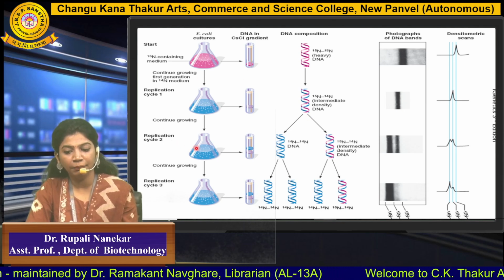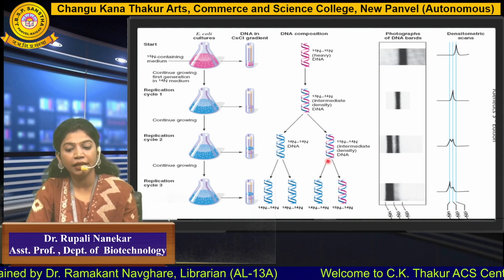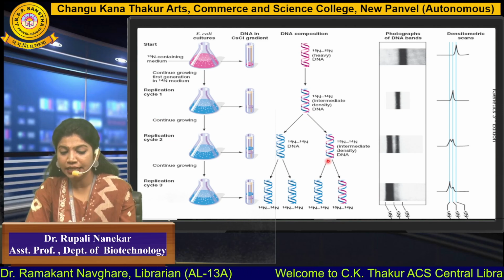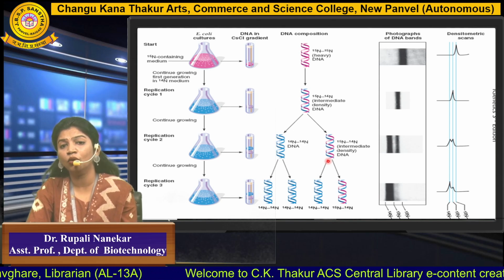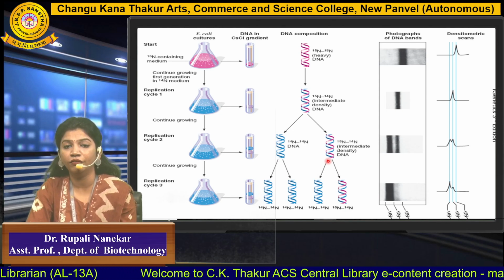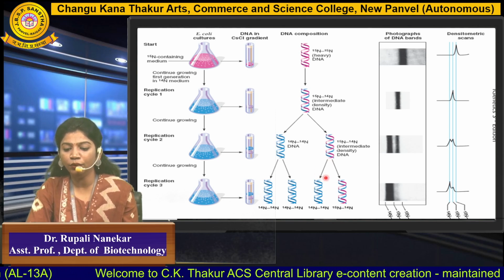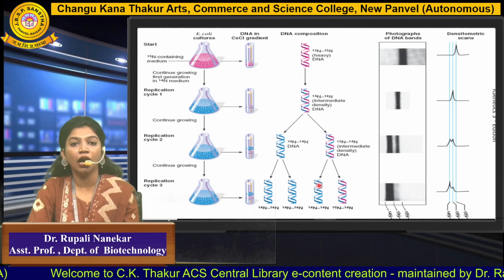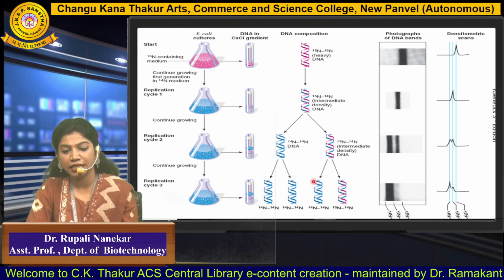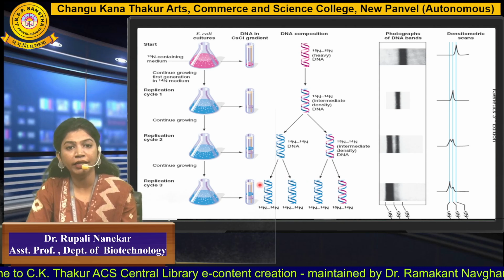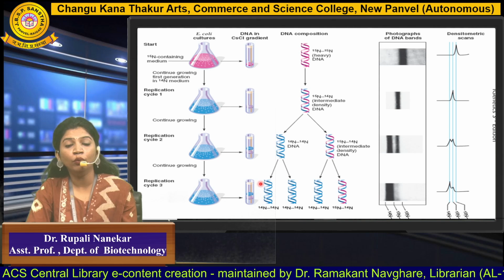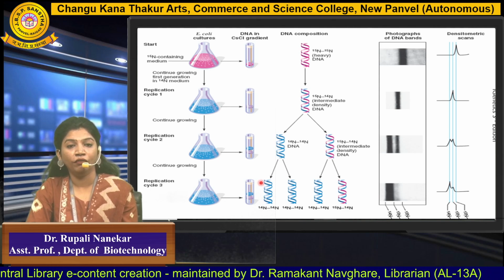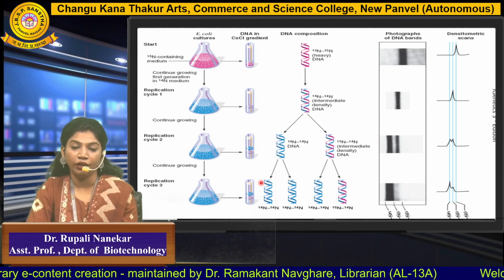Again, in the second replication cycle, and in replication cycle 3, continuing the growth of E. coli in the presence of N14 and N15, they came to know that N15 and N14 are together, which suggests that in the intermediate density of the cesium chloride density gradient centrifugation, we are proving the correctness of the semi-conservative model.